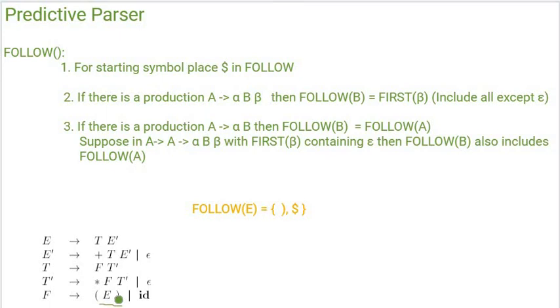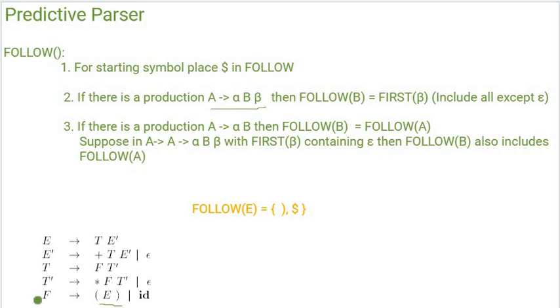Okay, fine. So what will be first of closed bracket? It will be closed bracket. And since E is a starting symbol, we have also added dollar along with it, as per our first rule. You can just compare this with the production F tends to open bracket E closed bracket. You can compare with the production A tends to alpha B beta.